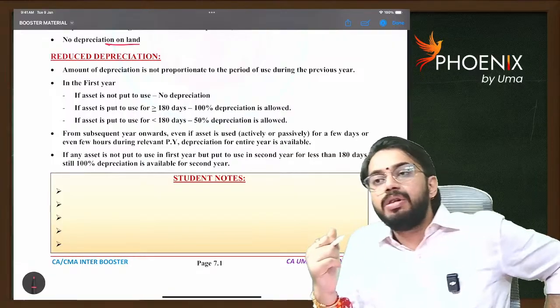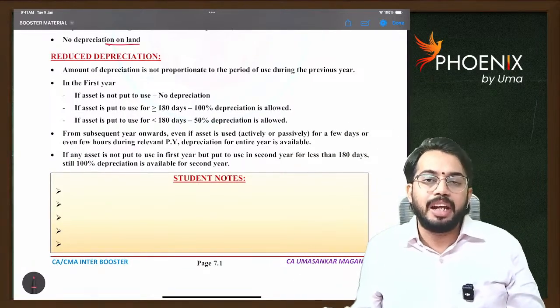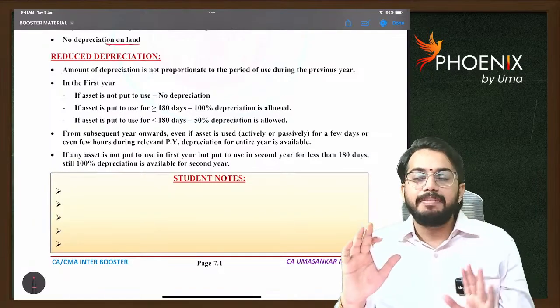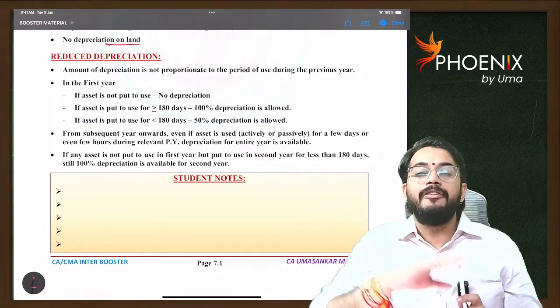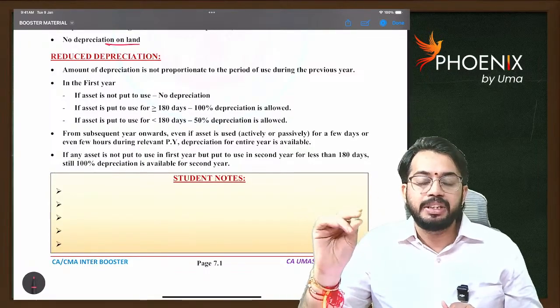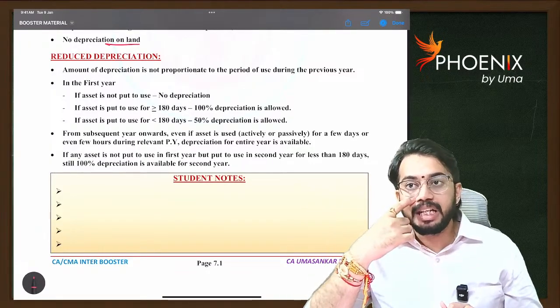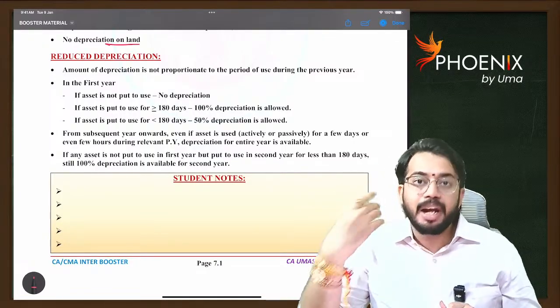If the asset is not put to use at all, then we are not going to calculate depreciation. Under income tax, we do not calculate depreciation on a time basis. For the number of days the asset is used, we do not calculate proportionate depreciation. If the asset is put to use for greater than or equal to 180 days, we calculate the full rate of depreciation.